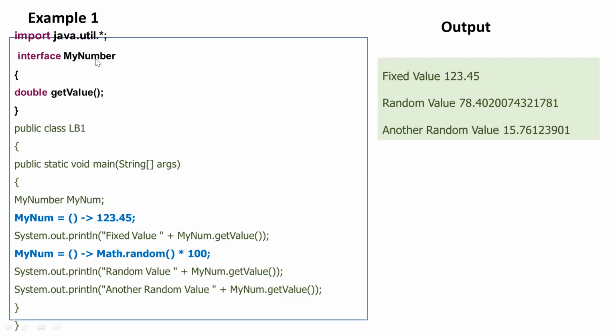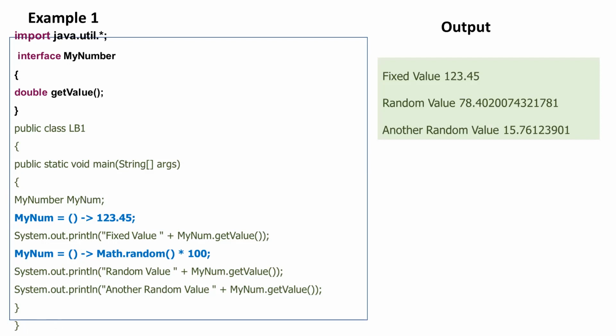Interface MyNumber, this is the interface name, double. Here you will not be using any class. The program is very simplified. You'll have only the interface and its method. So public static void main. Here you have to create one lambda expression.